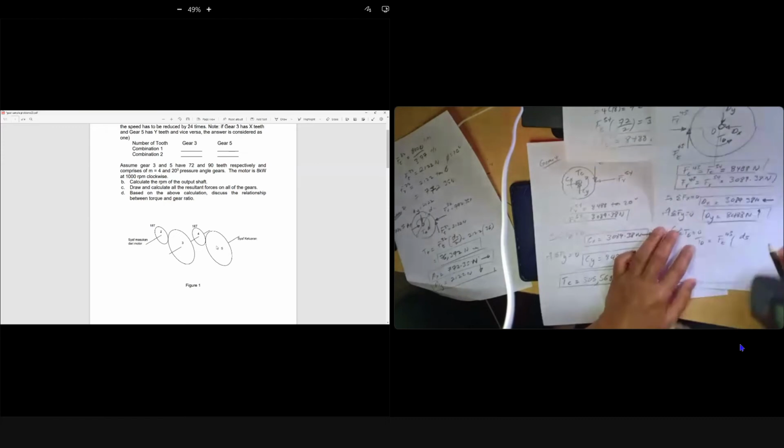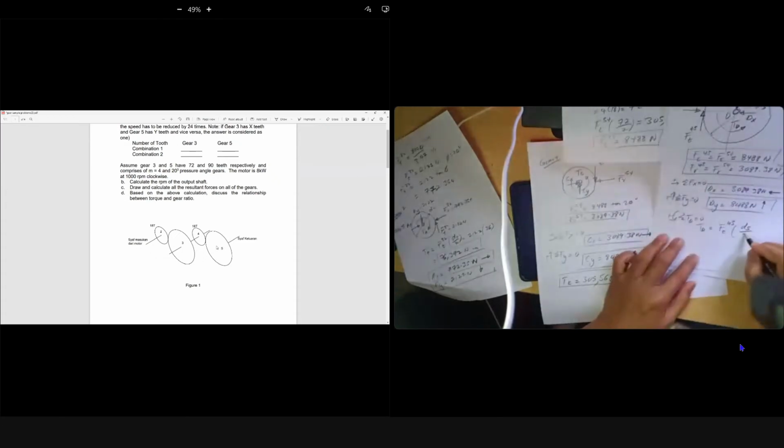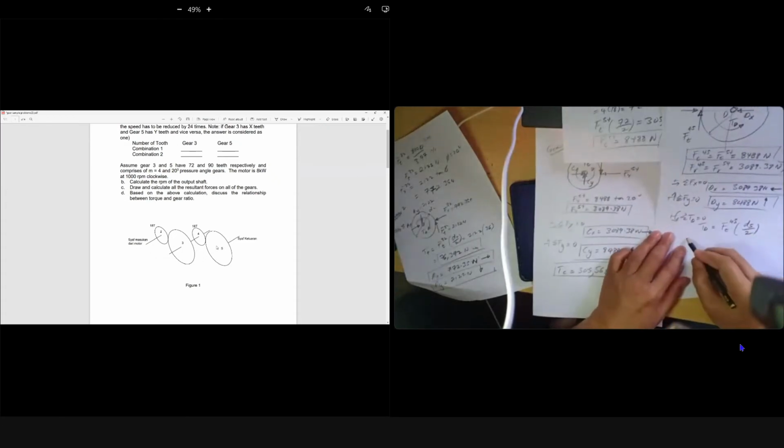Module is 4. So diameter 5 equal to module times N5, 4 times 90, 360 millimeter, right?